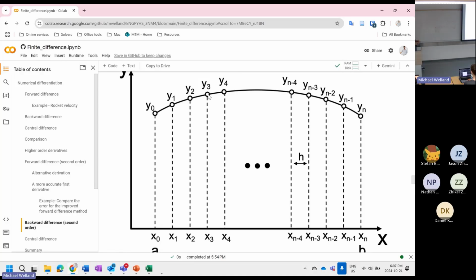So all you would do is take x4 minus x2, and we're using y, so y4 minus y2, over 2h. So this becomes your step size, h. That's y4, y3, and y2.